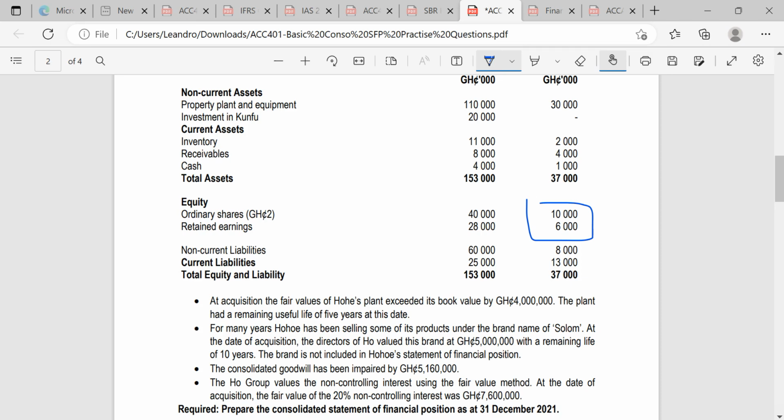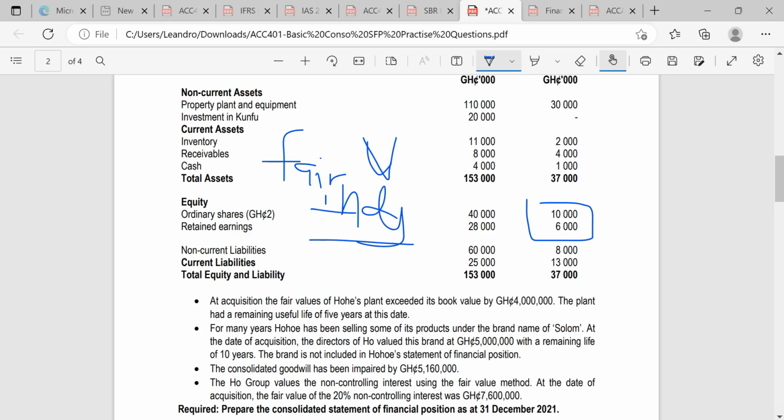Add, because there is a plant whose market value, fair value, is higher than the book value, and the parent must recognize assets at fair value, liabilities at fair value. So you add the 4 million to the net asset. That's what we normally call fair value adjustment.